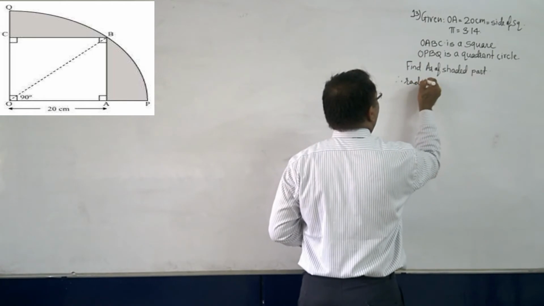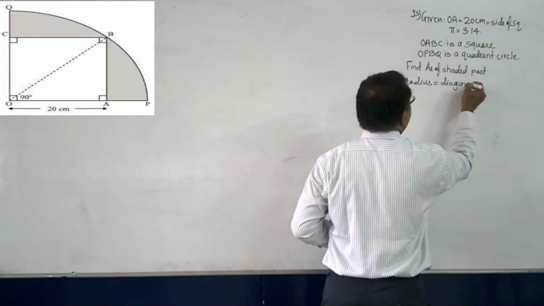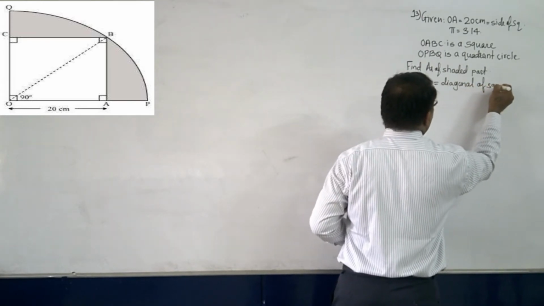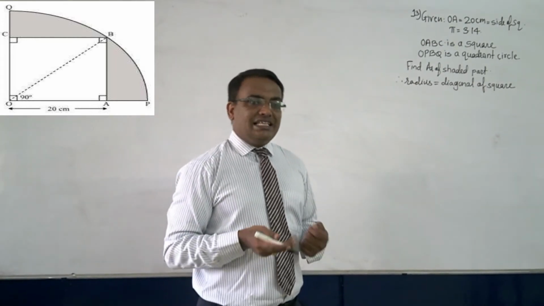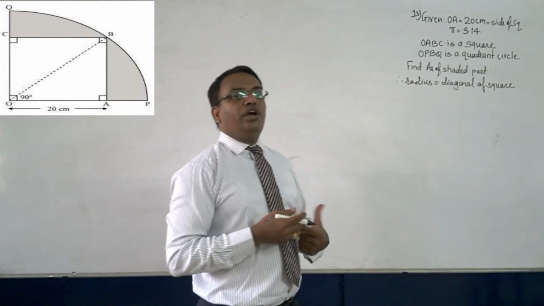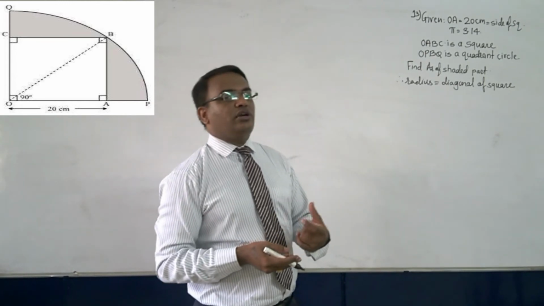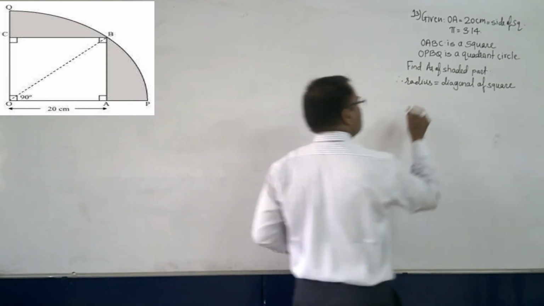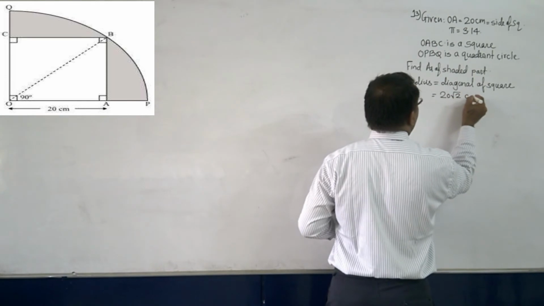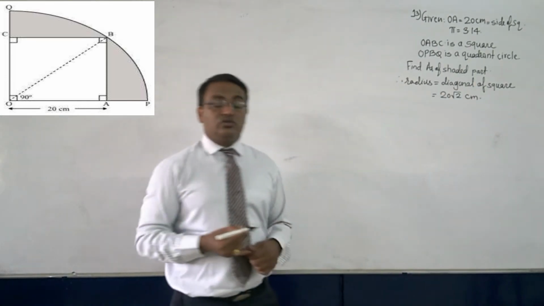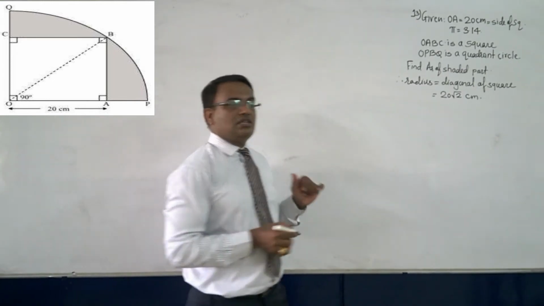Here radius is equal to diagonal of square, and the diagonal of a square is nothing but root 2 into side, right? Root 2 into side of the square. So this is nothing but 20 into root 2 centimeter. So we have the radius also now.